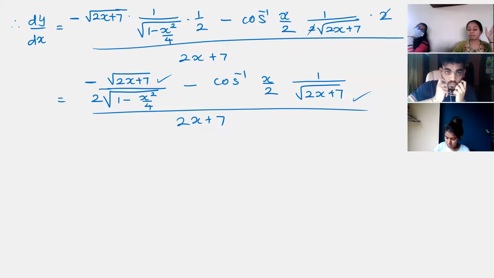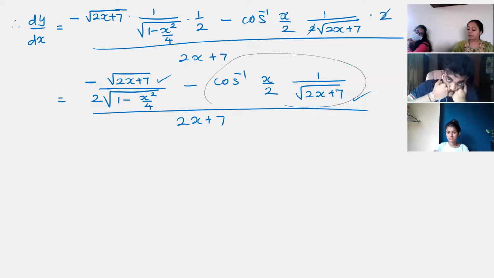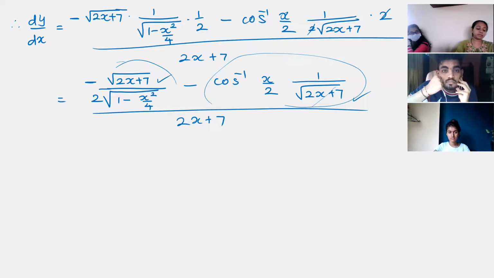That means let me multiply the numerator with root 2x plus 7, and the denominator also, because I cannot change the question. So I'm multiplying the numerator and the denominator. If I multiply this part, I know that this part got cancelled. But what about the first part? The first part also gets multiplied. So the answer would be somewhat like this.